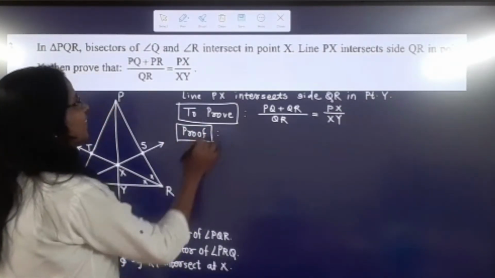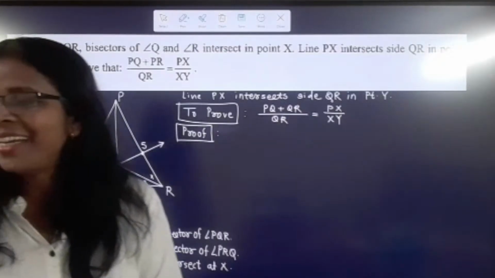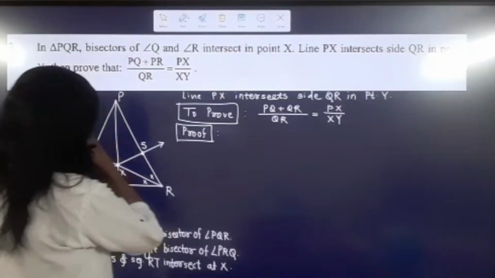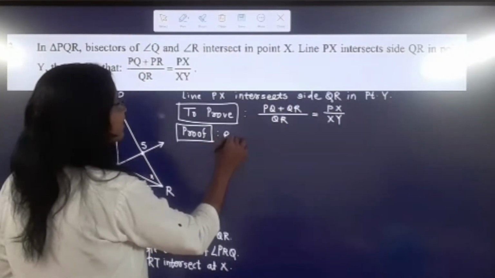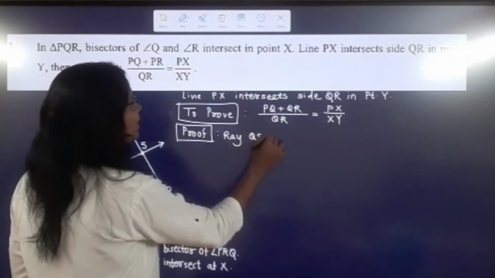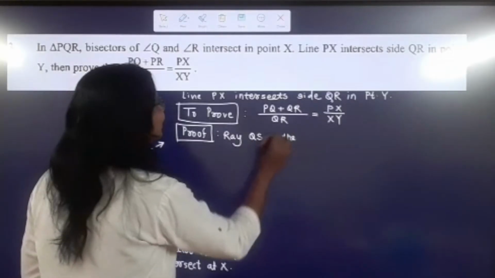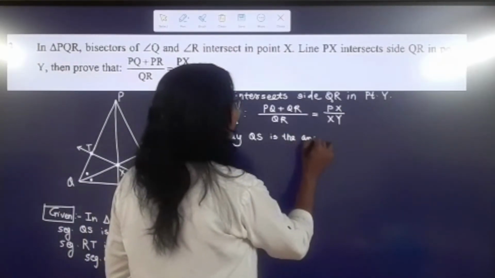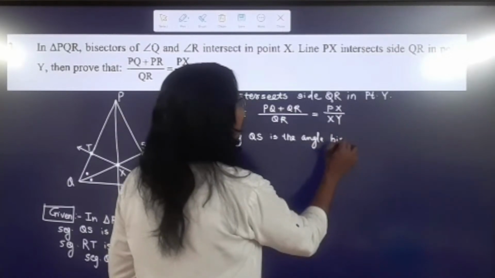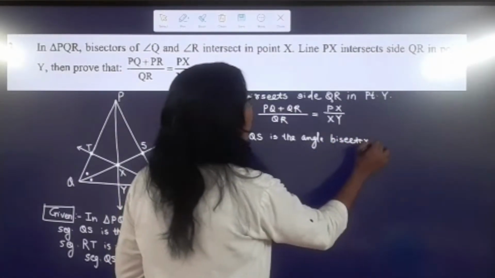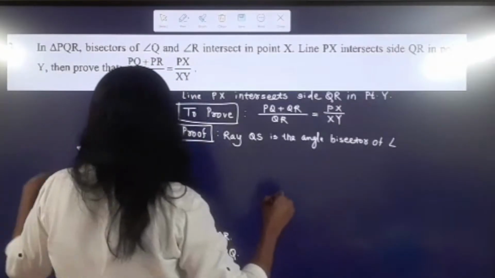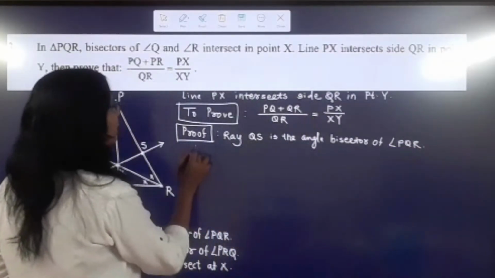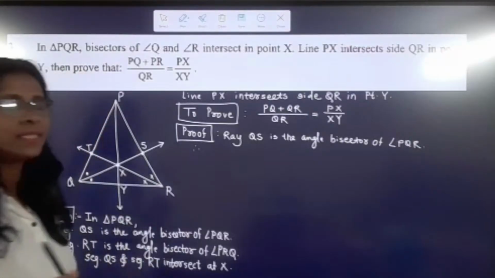Okay, so proof. Then here first I write down that ray QS is the angle bisector of angle PQR. Angle PQR. Therefore, here we can use the angle bisector theorem.